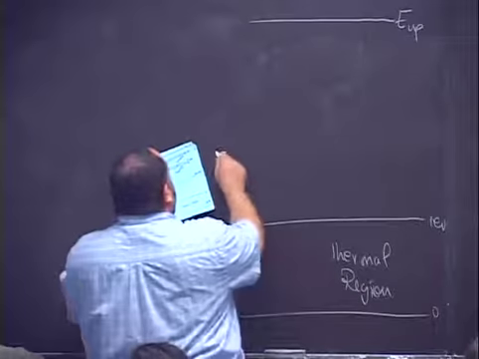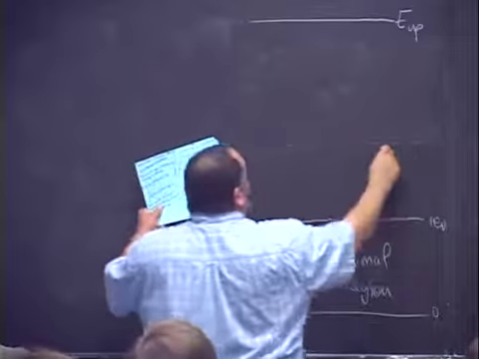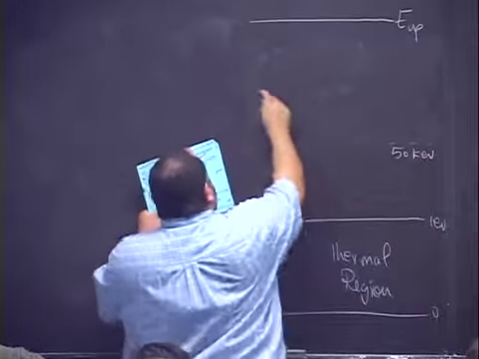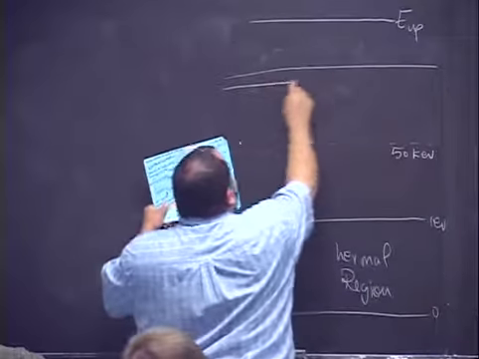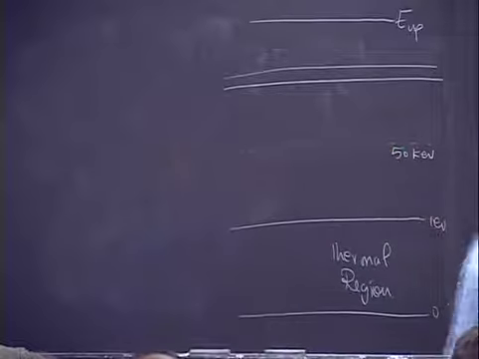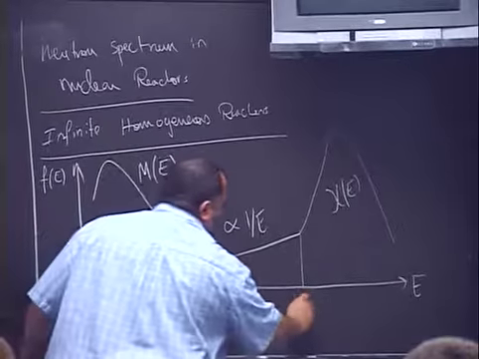And let's assume I have something like 50 kilo electron volt here. Usually sometimes people will say that 50 is the cutoff, and sometimes people call it 100,000.